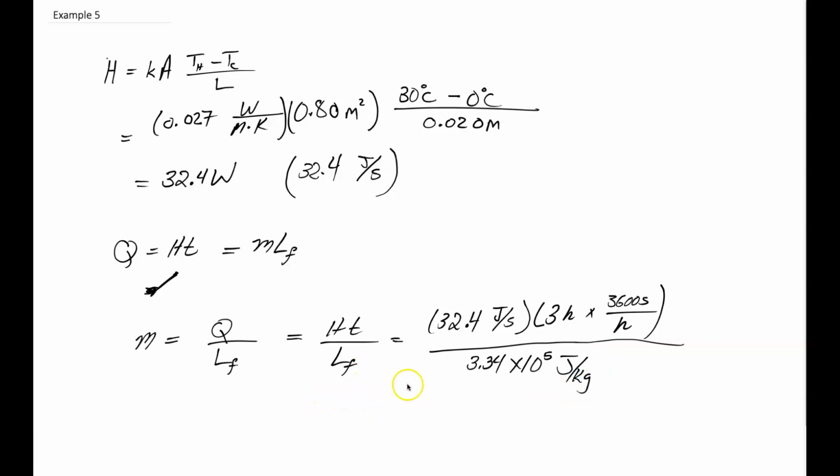And you'll notice that we're left with kilograms after we do this.